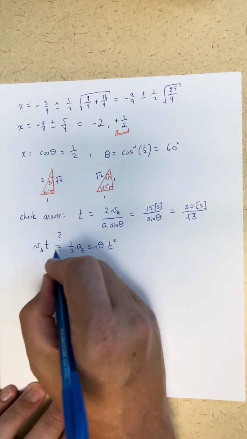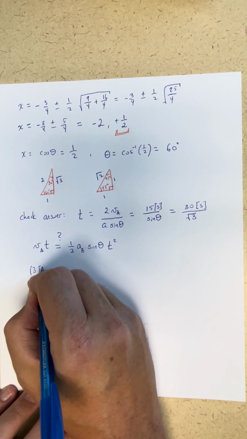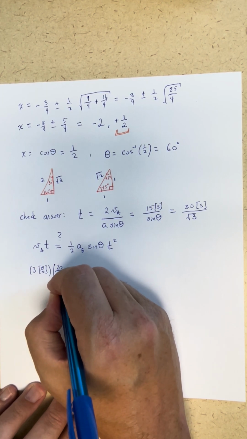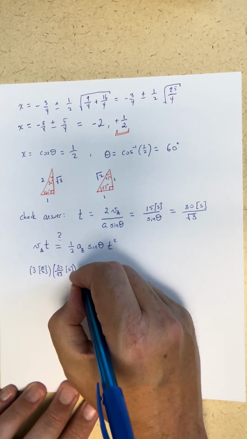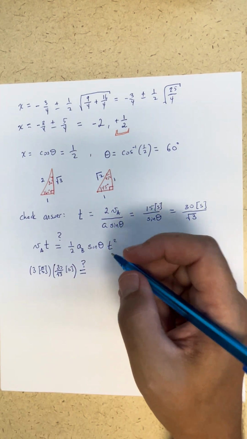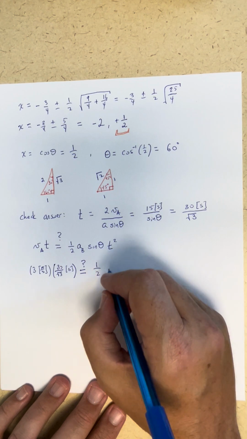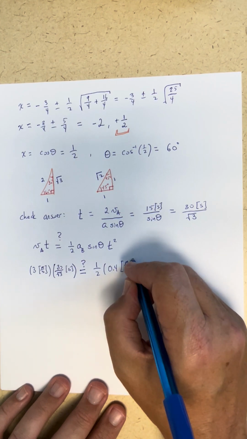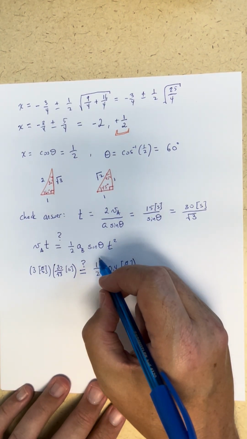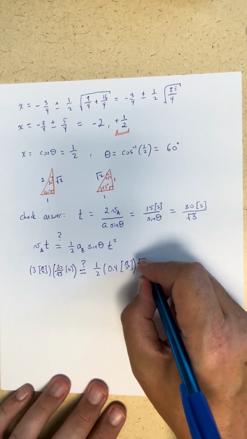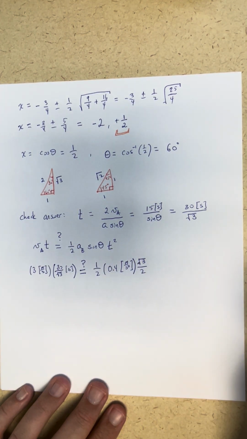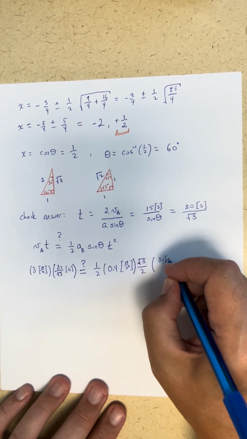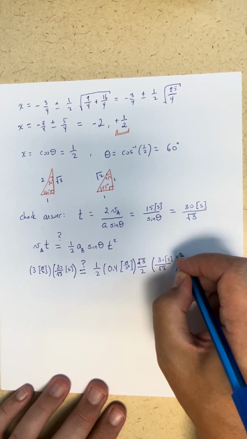So that's telling us, since we have the time, 3 meters per second times 30 over √3 seconds. Is that equal to half of 0.4 meters per second squared? We have a sine of theta, so sine of 60 is our new best friend, √3 over 2.